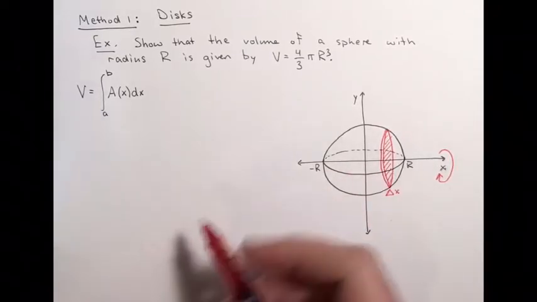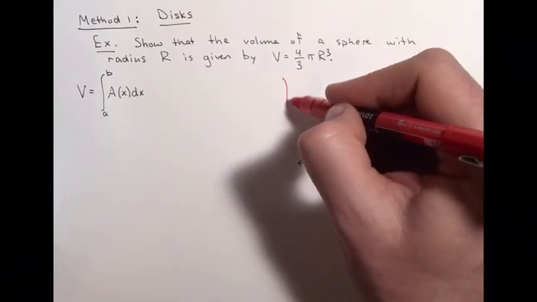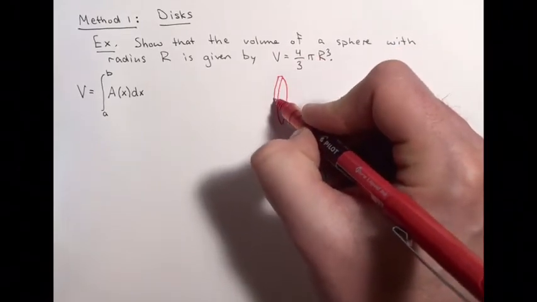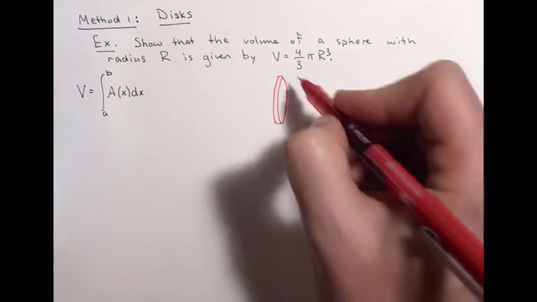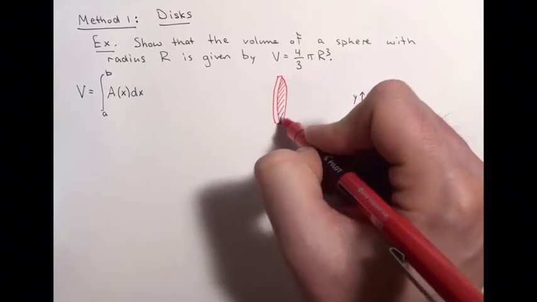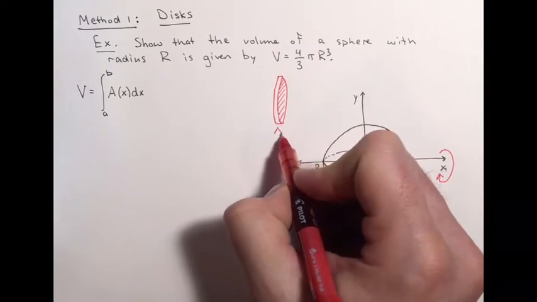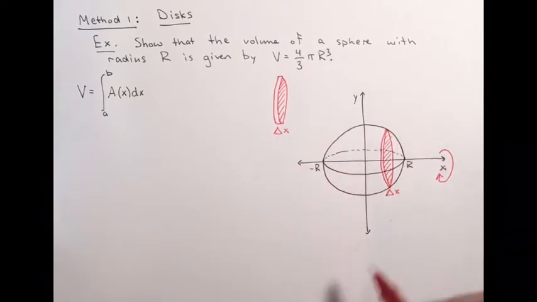So if we remove that and we look at that cross-sectional cut, what we end up with is simply a disk, and we know that this disk, being a vertical cut, has a thickness of delta x.